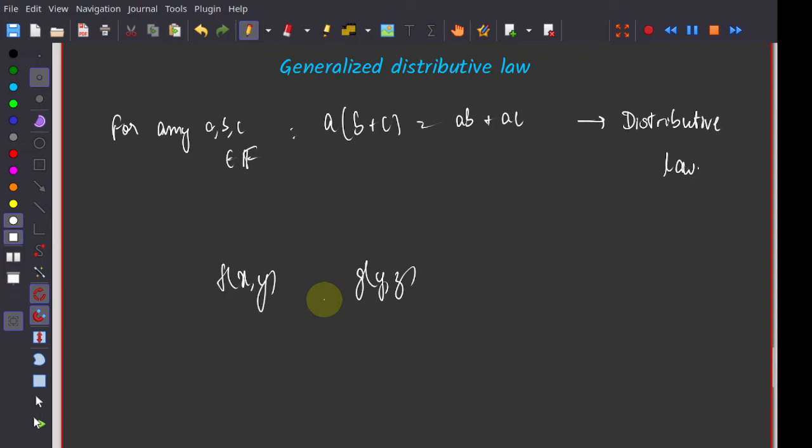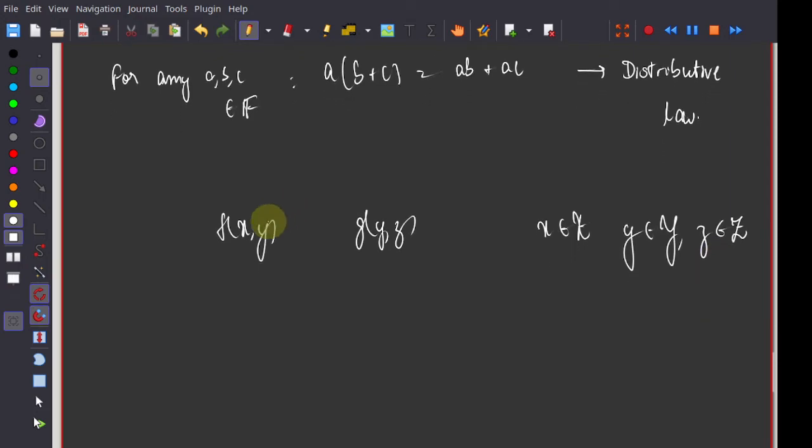These are two different functions defined where x comes from some alphabet script X, y comes from some alphabet script Y, and z comes from some alphabet script Z. These are all finite alphabets. My goal is to compute the following quantity. I want to find the summation over all x, y, z, of f of x comma y times g of y comma z.